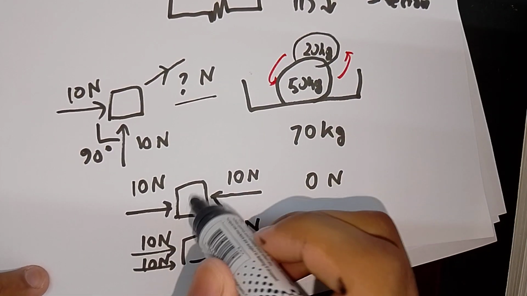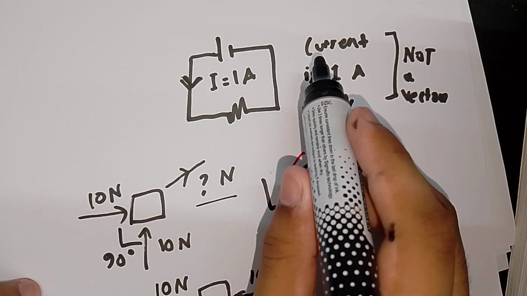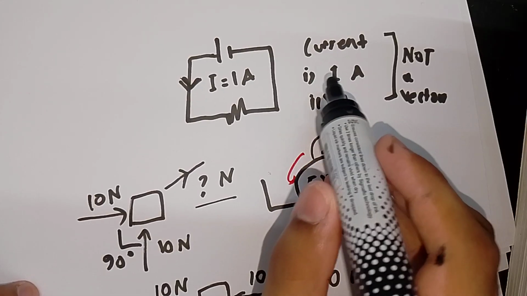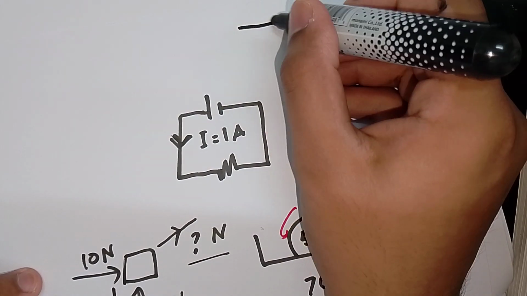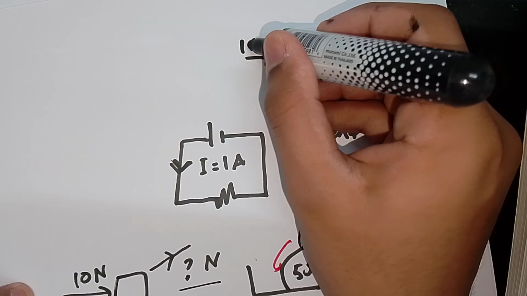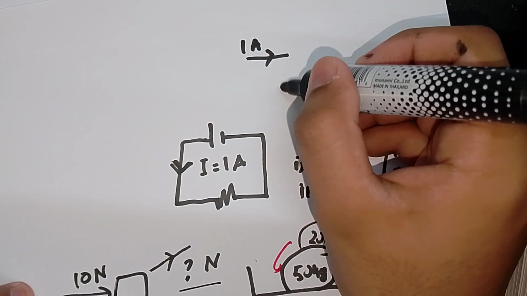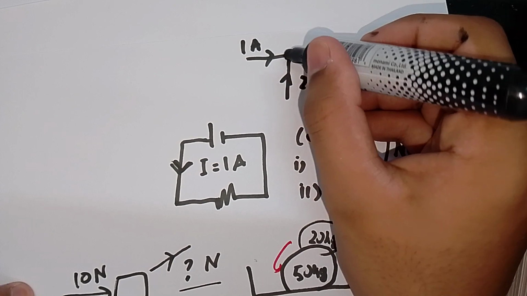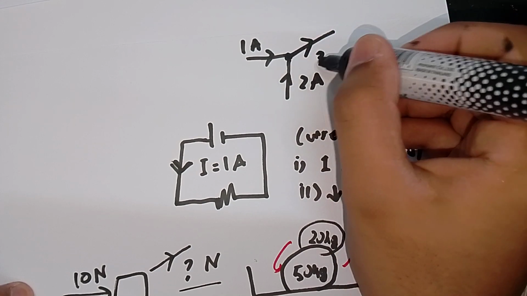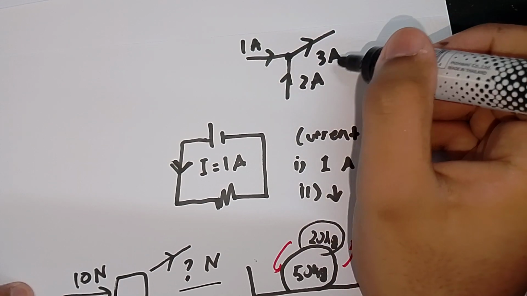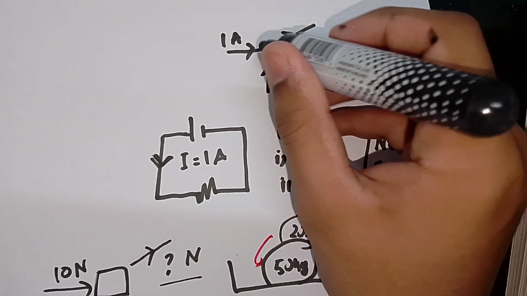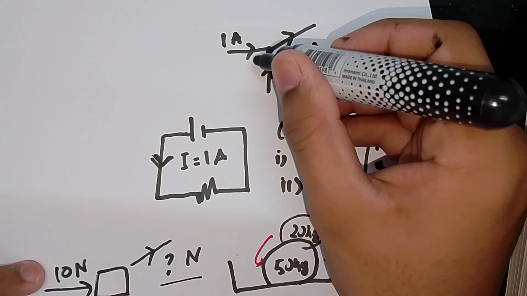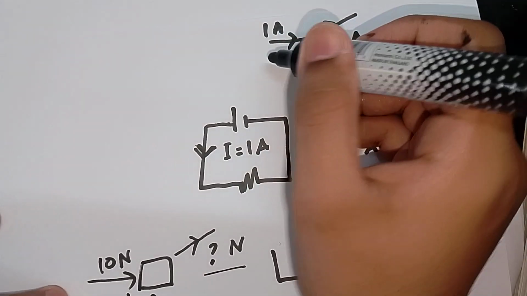However, here it does happen. So actually, in terms of current, even if we have something like this where, let's say there's 1 ampere current flowing through this wire and there's 2 amperes of current flowing through this wire, if they flow out from here, they're always going to result in 3 amps regardless of the angle between them. Like here we have an angle of 90 degrees.